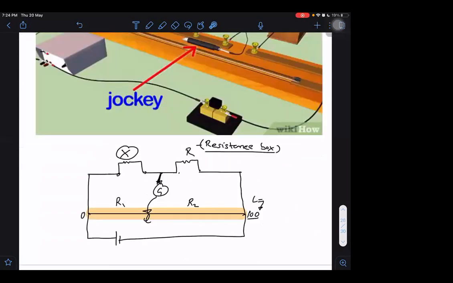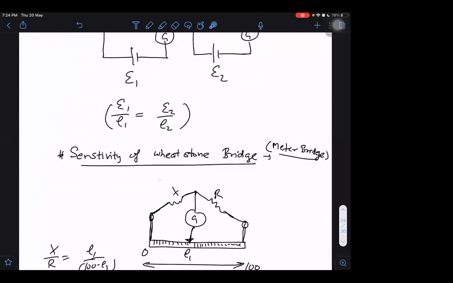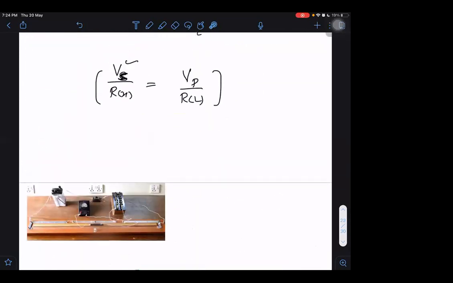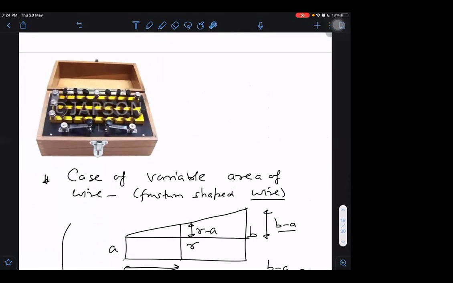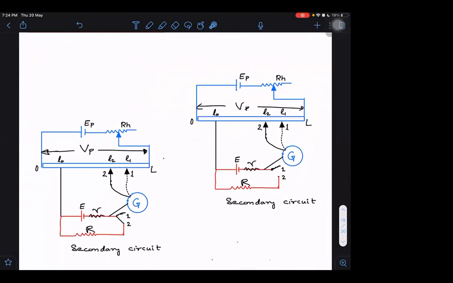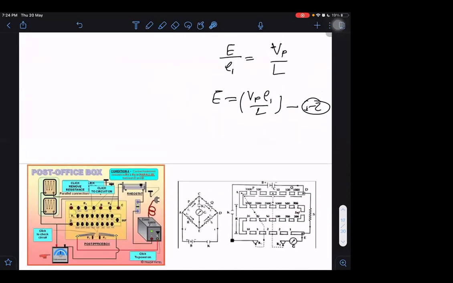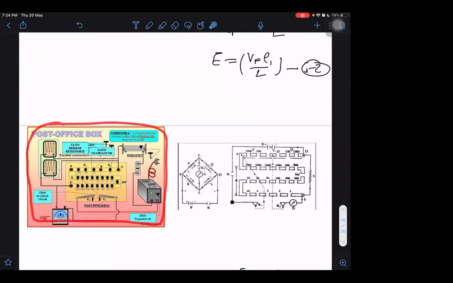One last thing which is left: do you have your books with you or not? First you tell me that. Yes, sir, we have. No, sir. You are not having your integrated book? In the integrated book it is given very nicely.